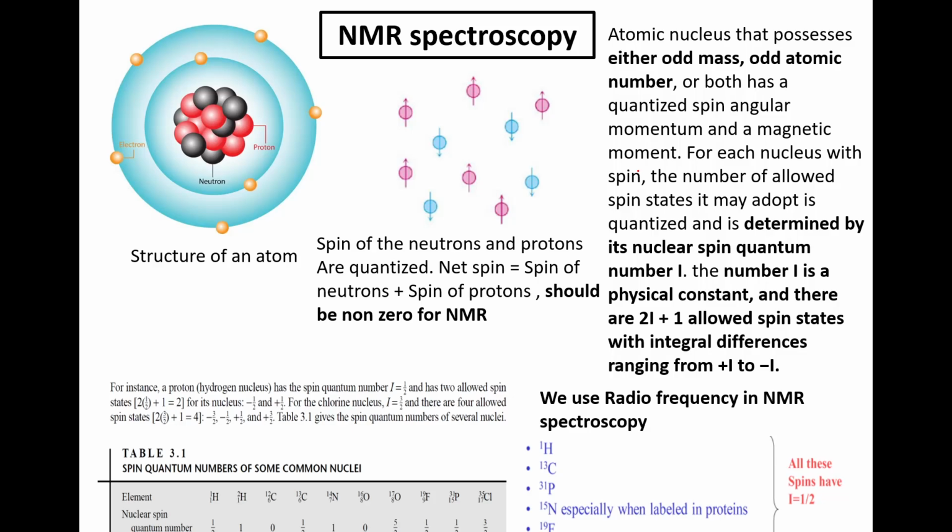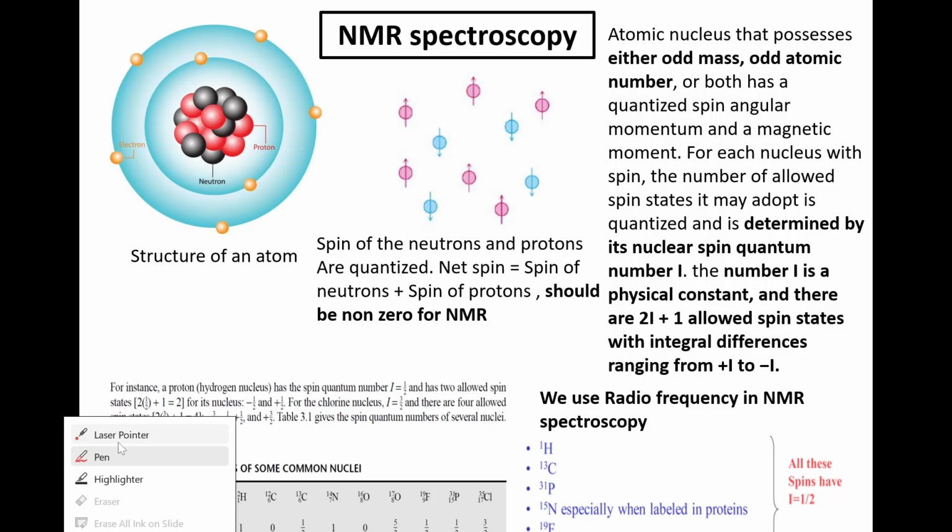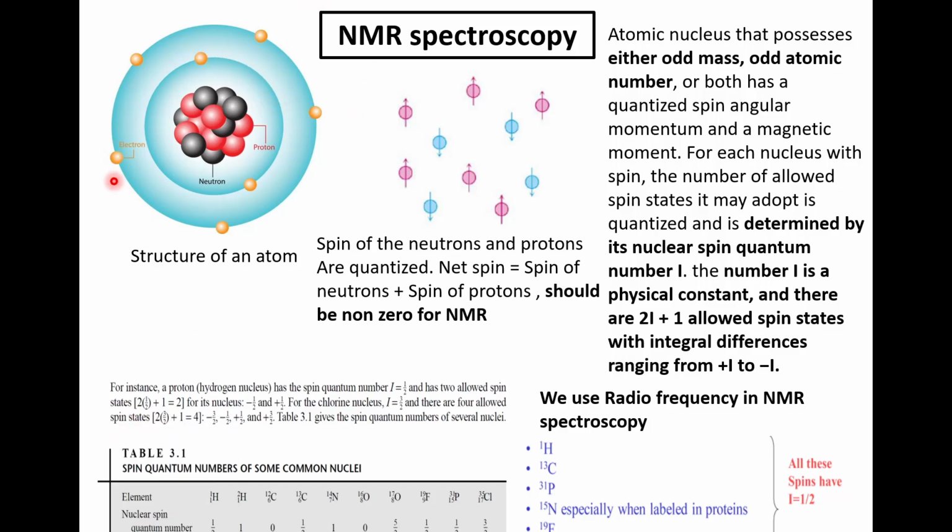If you remember your chemistry basics, in the nucleus of an atom there are two things: neutrons and protons, and the electrons are surrounding the nucleus of your atom in several orbits.